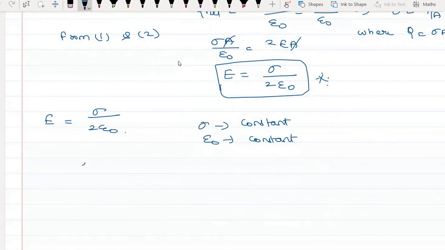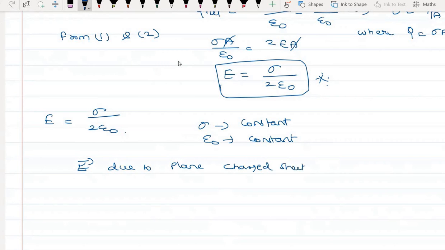So the electric field intensity due to a plane charged sheet is what? A plane sheet of uniform charge distribution is constant everywhere. E does not change its value because there is no R present in the equation. It shows that electric field is constant.